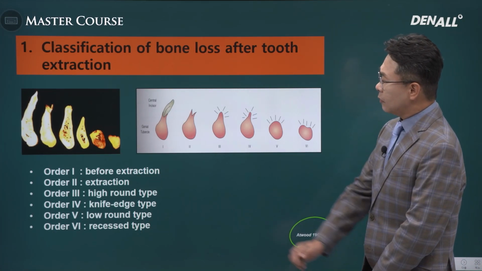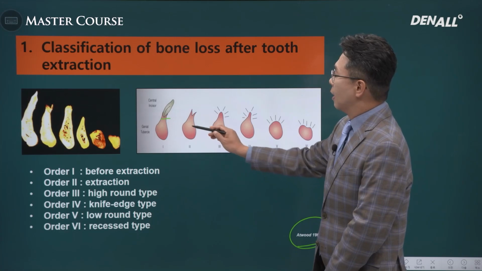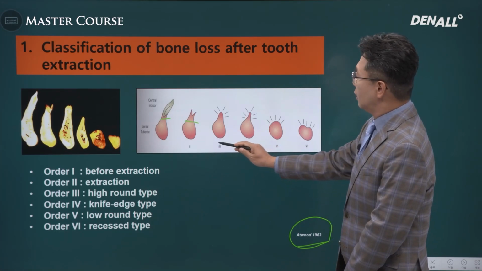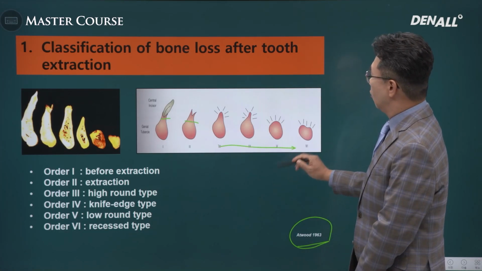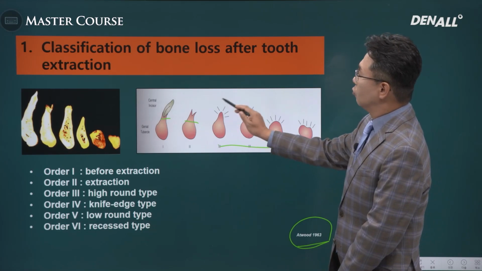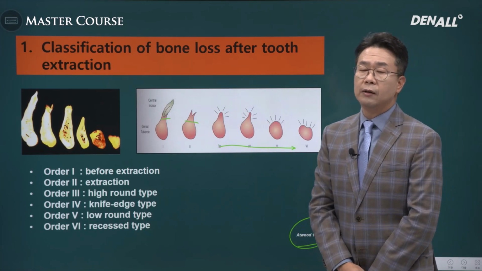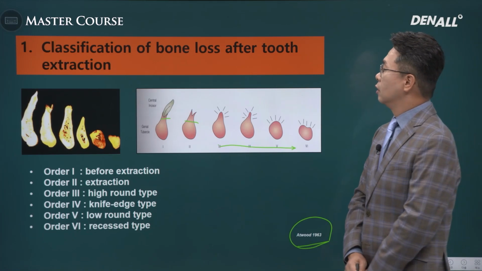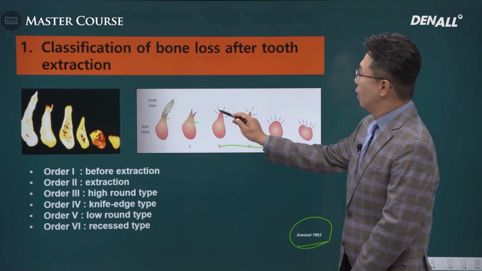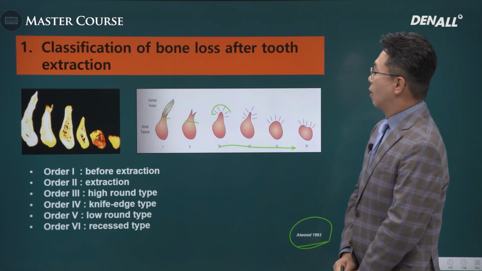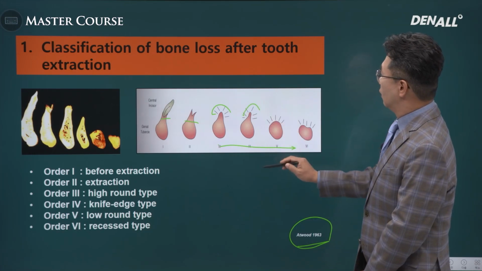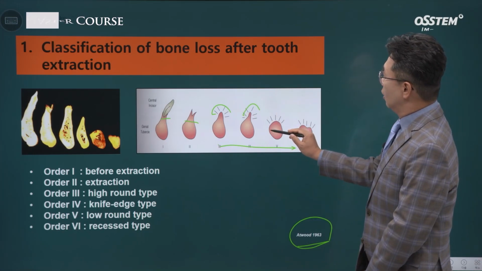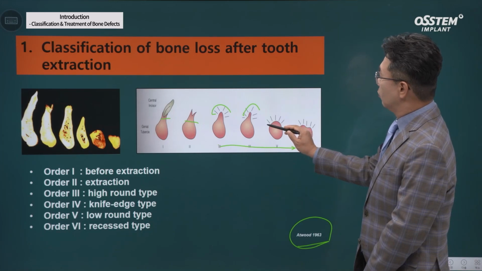As we all know, this is before extraction, right after extraction, and with time, the alveolar bone, the top part, becomes resorbed. This is very important in implant placement, but this area turns high round, knife edge, low round.